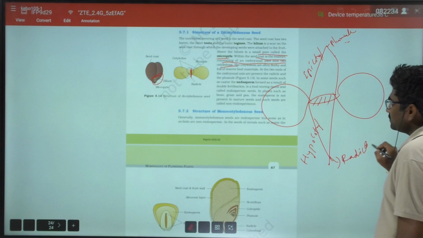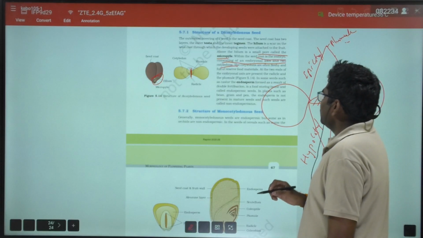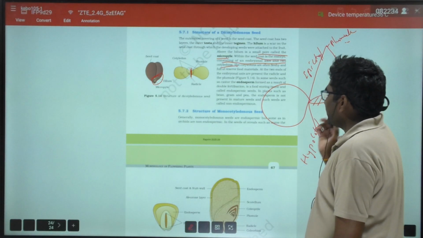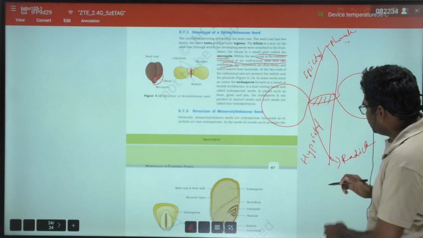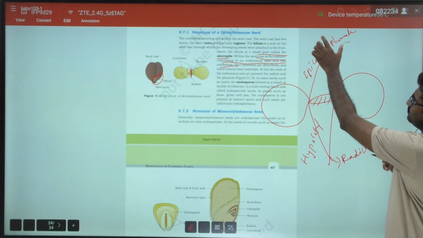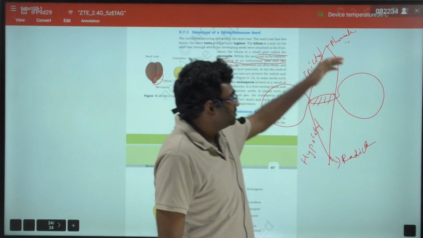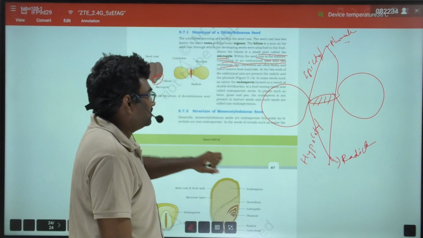At the two ends of the embryonal axis are the radicle and plumule. From the plumule, shoot is developed; from the radicle, root is developed.